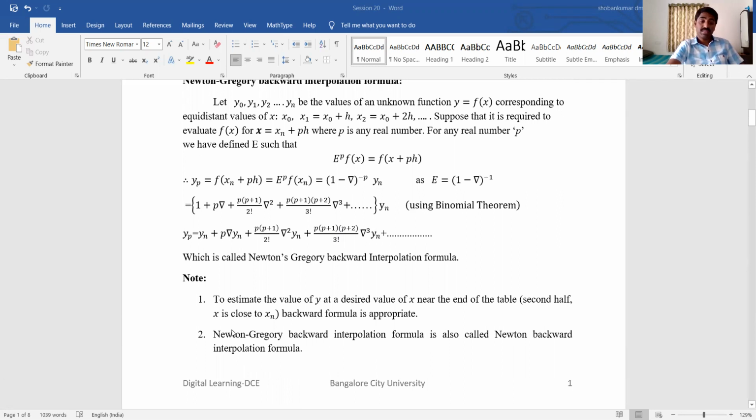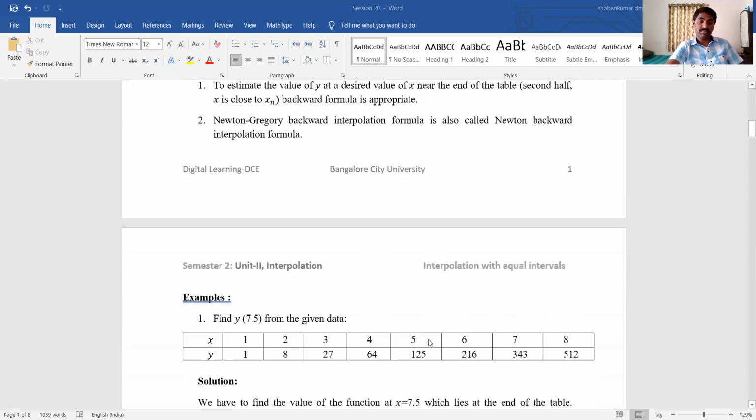We note that to estimate the value of y at a desired value of x near the end of the table or the end of the intervals, at that time only we can use Newton's Gregory backward interpolation formula. Newton-Gregory backward interpolation formula is also called Newton backward interpolation formula.